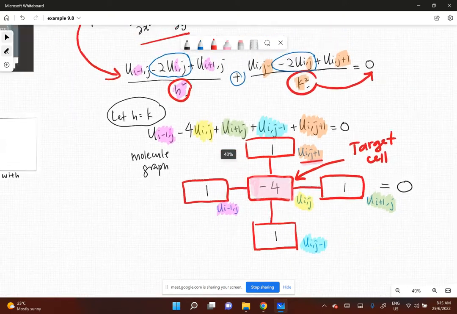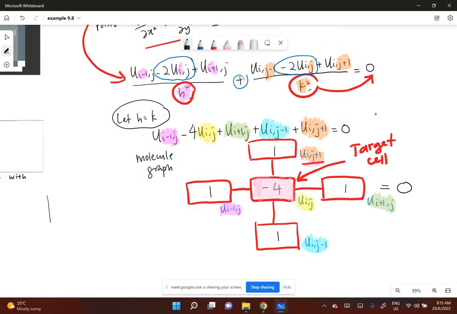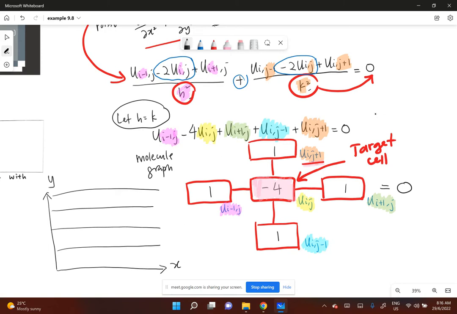So that means, okay, when we draw the grid for the Laplace and Poisson's, let's say this is Y, this is X, right? And normally we have a grid like this. So basically the initial condition will get the value here, right? And then we get the boundary condition.